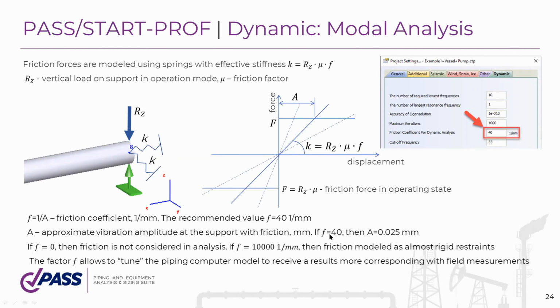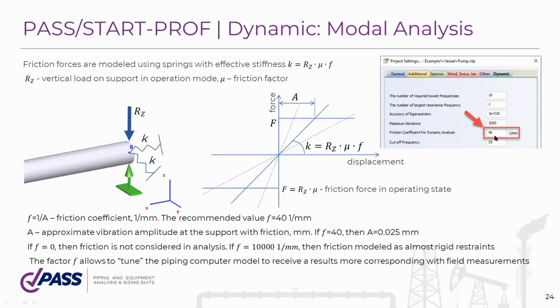In this case, we can divide 1 by this value and get the value of this factor. It will be 40. 40 is the recommended value, but nobody can say which value is accurate.